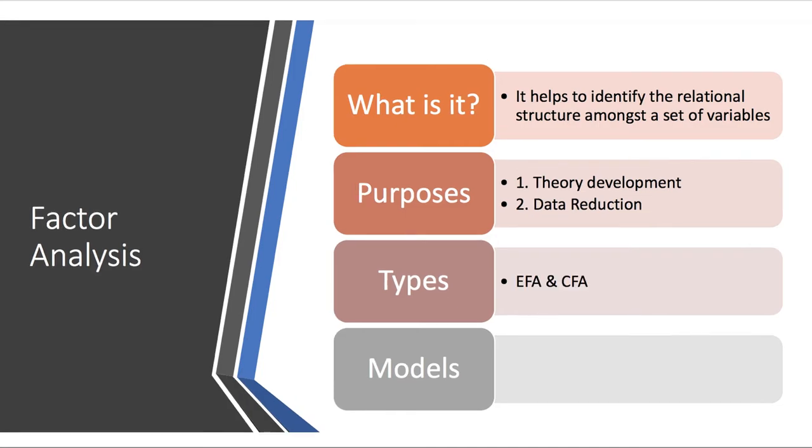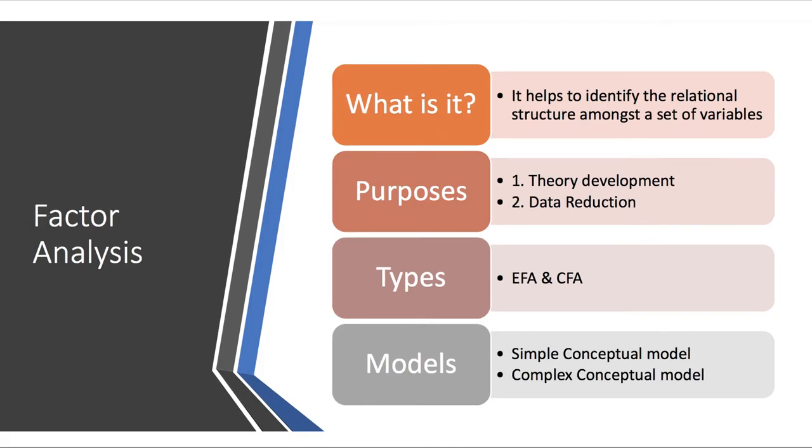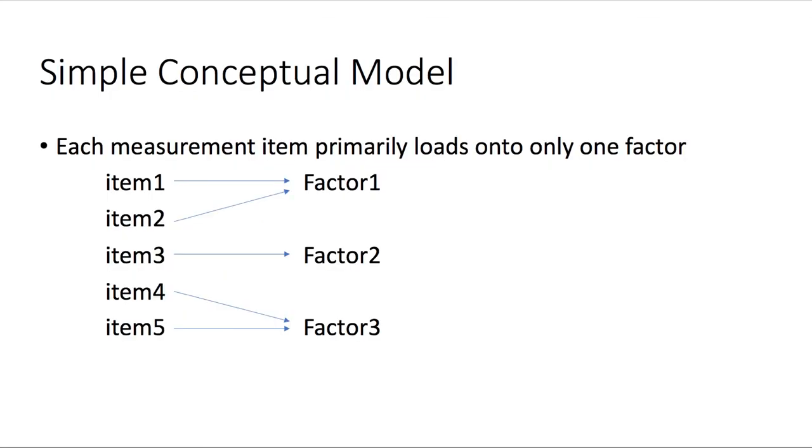The types are EFA and CFA. In our class, we're going to mainly focus on the EFA. For models, there are two different models: the simple conceptual model and the complex conceptual model. In the simple conceptual model, each measurement item primarily loads onto only one factor.